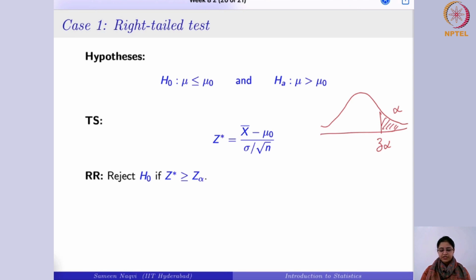We would be rejecting the null hypothesis if the test statistic that you have calculated is greater than this, or basically it is falling to the right of this line. You would be rejecting the null hypothesis in that case, because it is now aligning with your alternative. It is greater than z alpha, or the critical value. So this would be your rejection region approach basically.